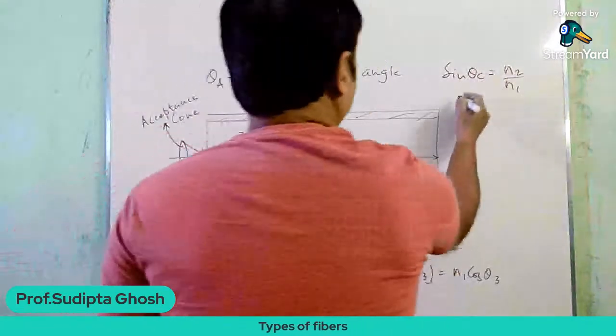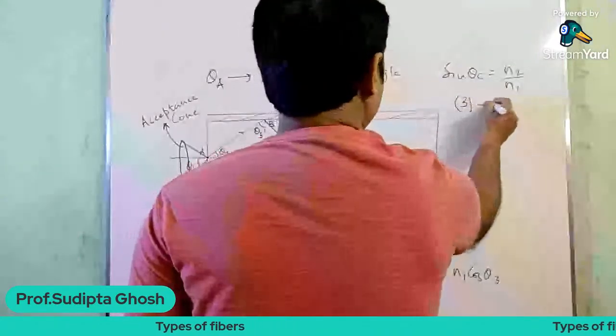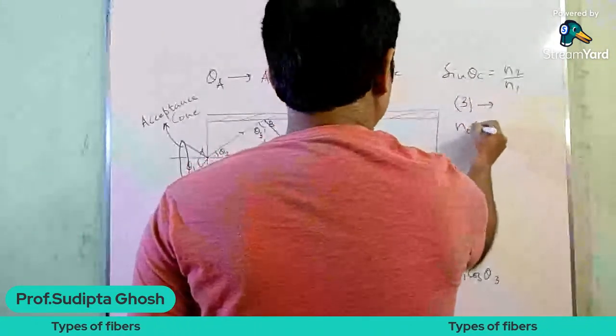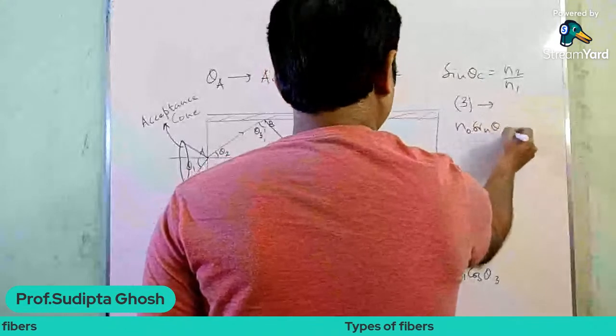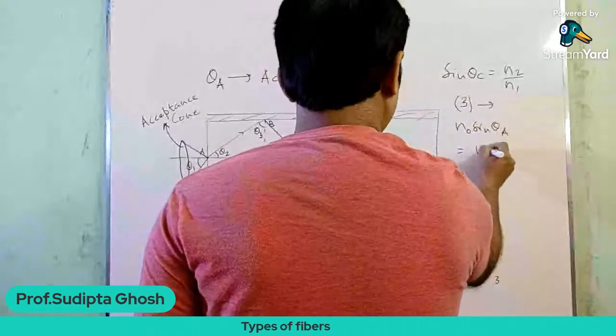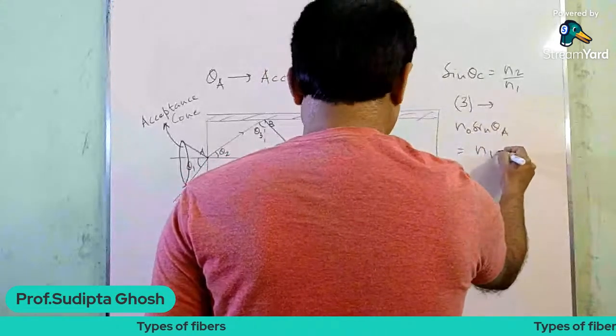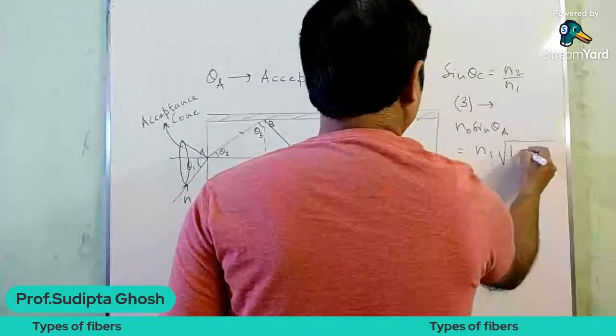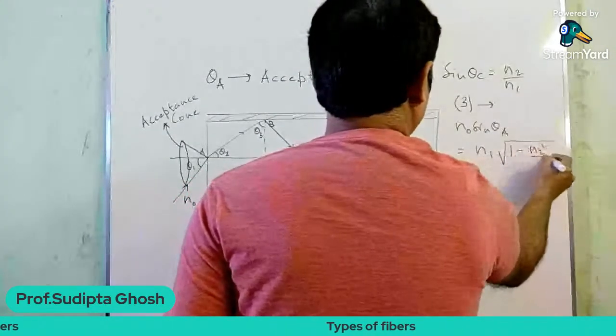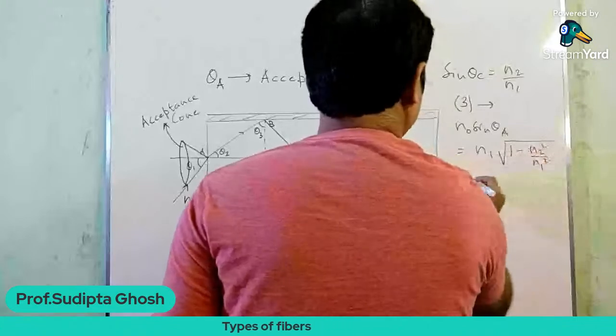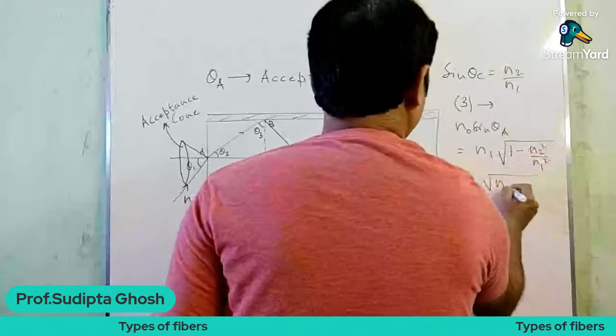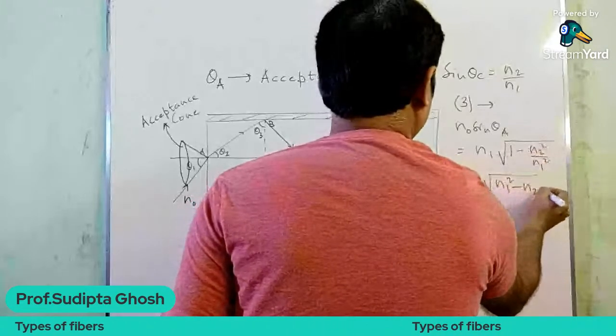So from equation 3 we have n0 sin theta A equals n1 times cos theta C, which means the root of 1 minus n2 squared by n1 squared. That means root over n1 squared minus n2 squared.